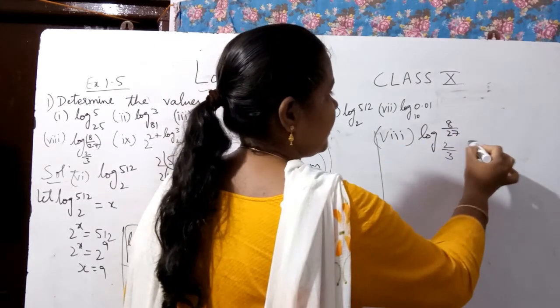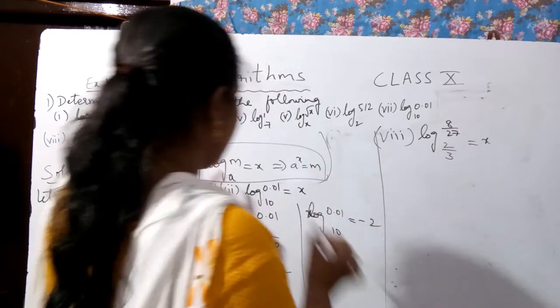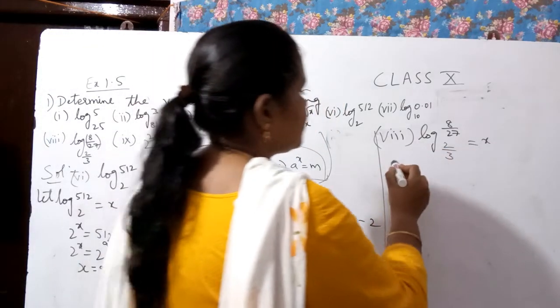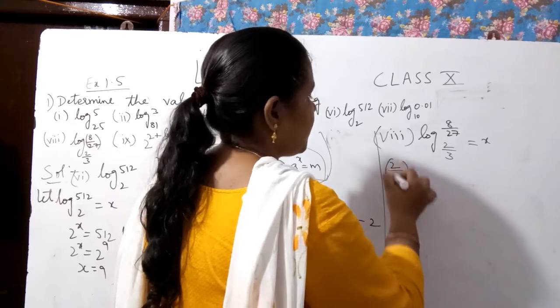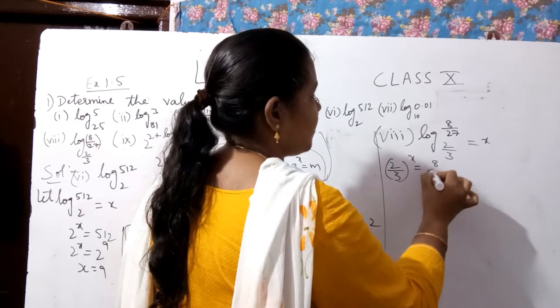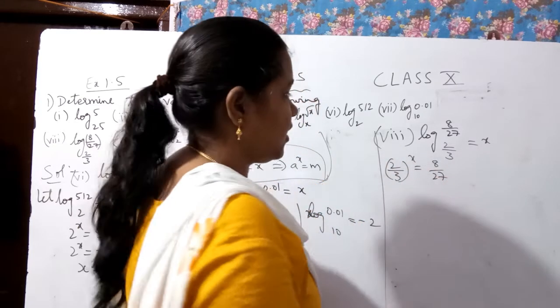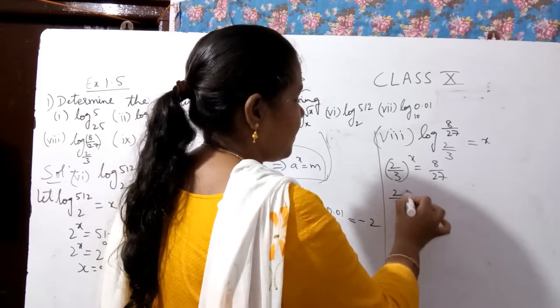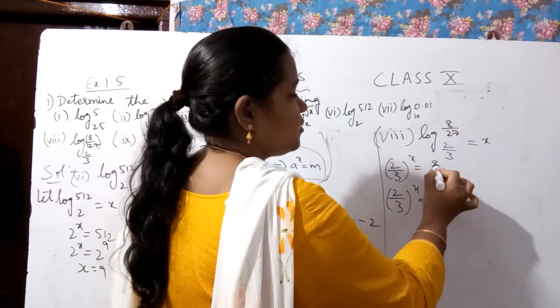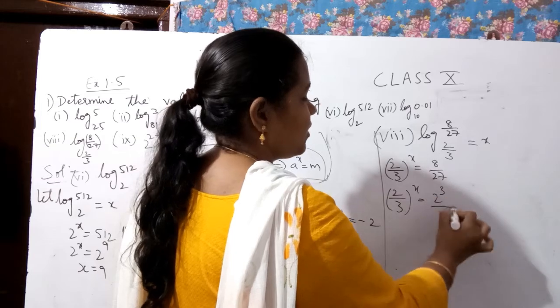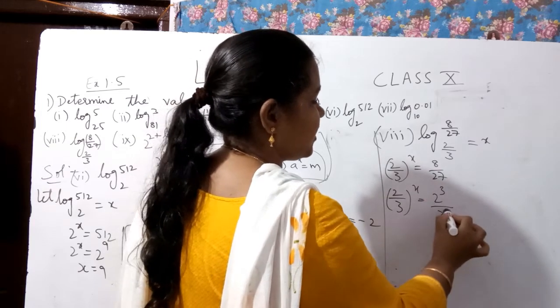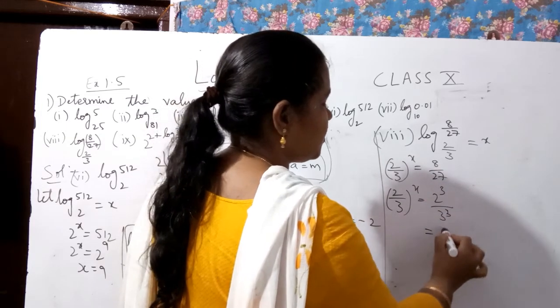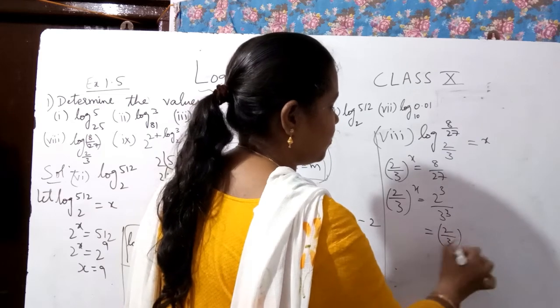Again I will take this value as x. Applying the same formula, I will get 2 by 3 whole power x is equal to 8 by 27. Now 8 can be written as 2 cube and 27 can be written as 3 cube. So this can be written as 2 by 3 whole cube.